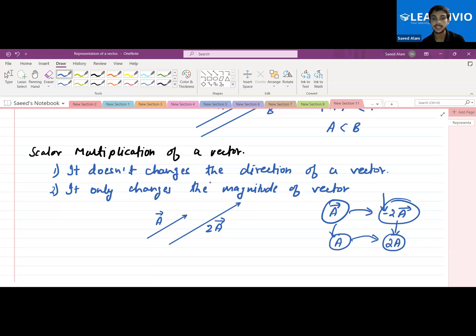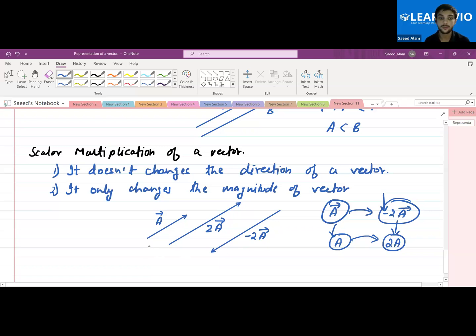Okay. So now tell me, if I'm multiplying this A to get 2 times A, that will be pointing along this. But if I multiply this A with a minus 2 sign, then I'll get a vector pointing along this and this will be called minus of 2A. Yes or no? Yes.